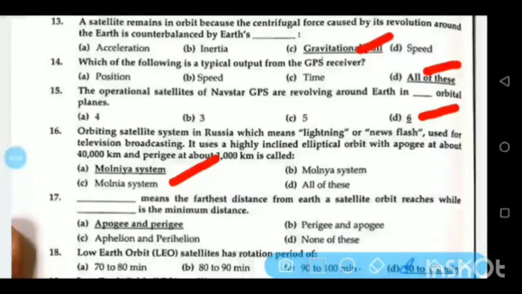A option is correct. Apogee means the farthest distance from Earth a satellite orbit reaches, while perigee is the minimum distance.